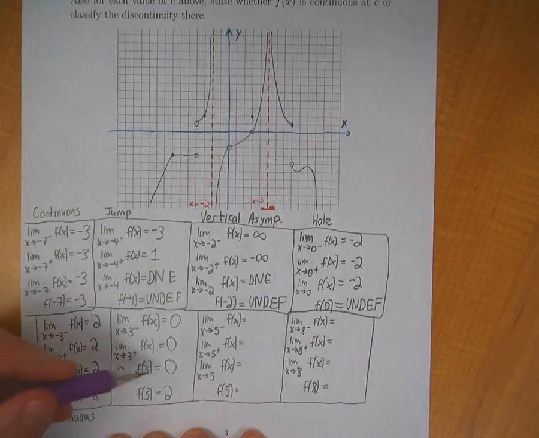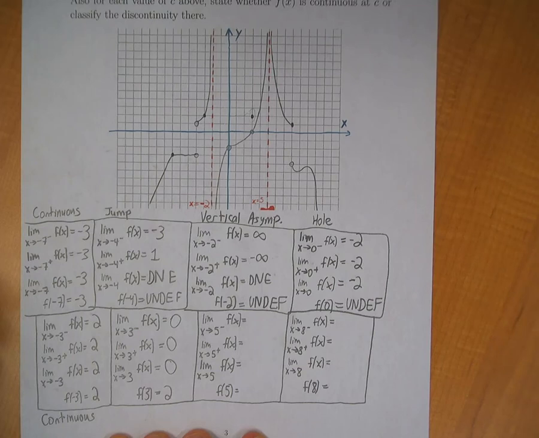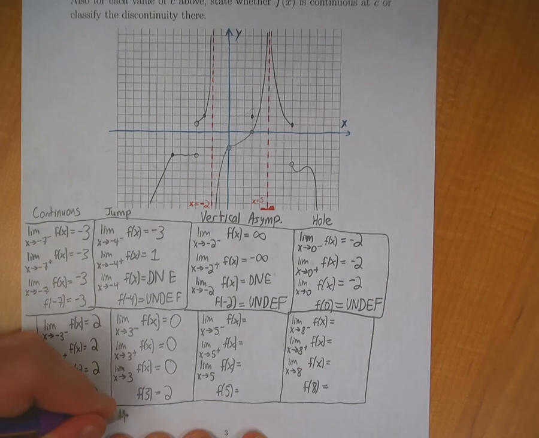It's a hole, right? Because in this case, the two-sided limit exists and is finite, but it doesn't equal the function value. So we have a hole.